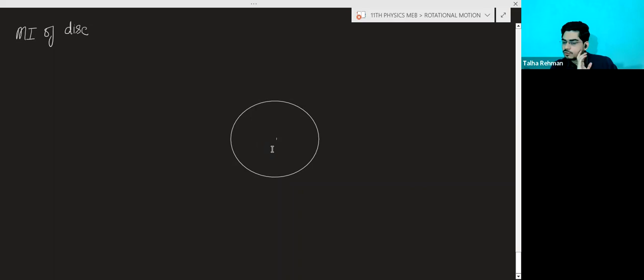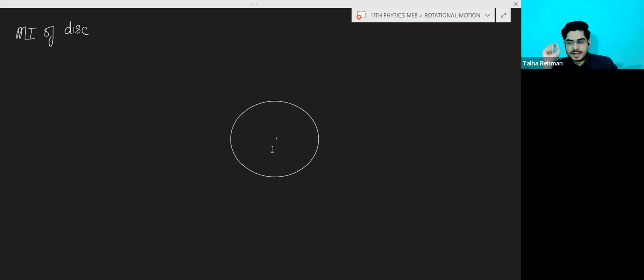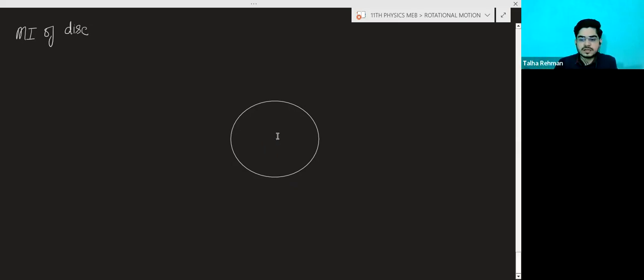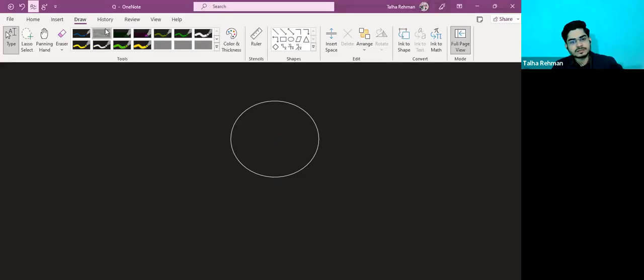Whenever we find a moment of inertia, an axis should be defined. So about an axis passing through the center of mass of this disk and perpendicular to the plane of the disk.